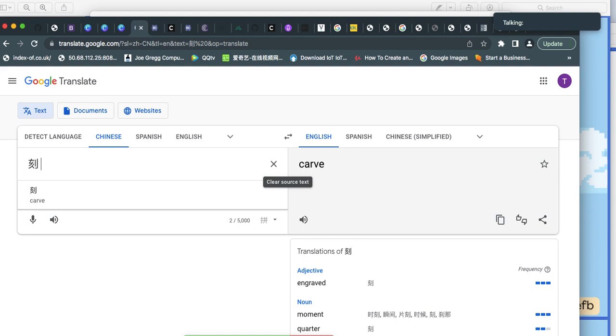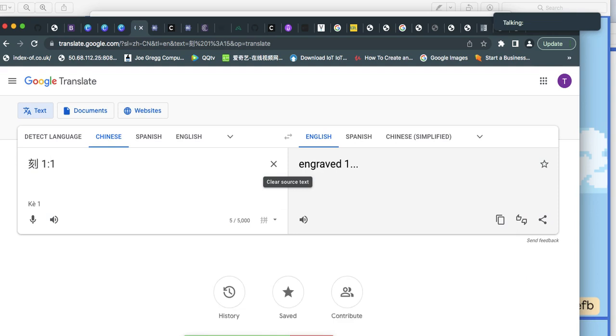For example, we were given 1:15, so that will be a quarter. Past a quarter, we will go with ke. So just 15 minutes are 1 ke. Okay, so we would say 1点1刻. So that's 1 o'clock plus 1 quarter.